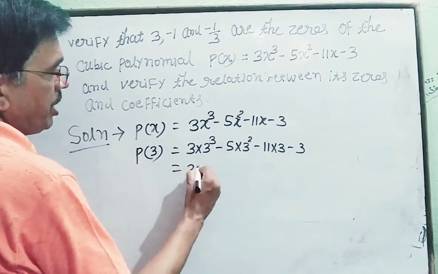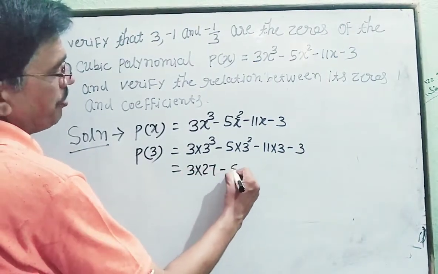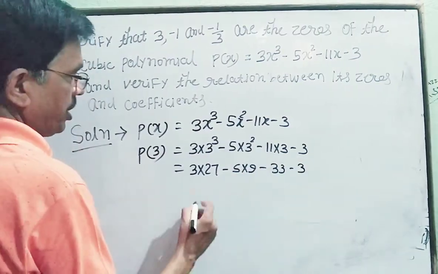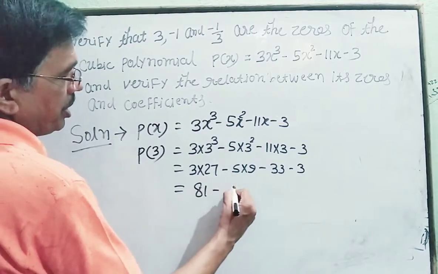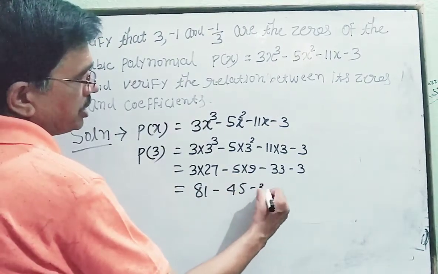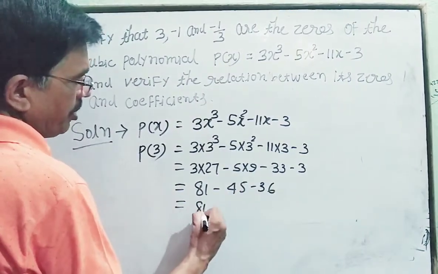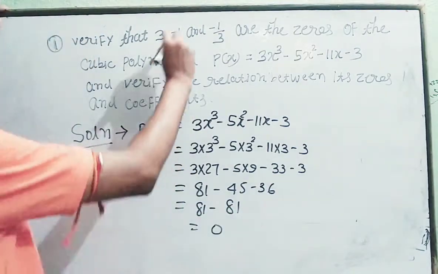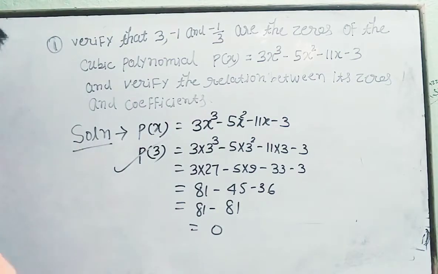It is 3 into 27, it is 5 into 9, it is 33, it is 3. It is 81, it is 45, it is 33. Then 81 minus 81, that is 0. So it is clear 3 is a root of the equation.